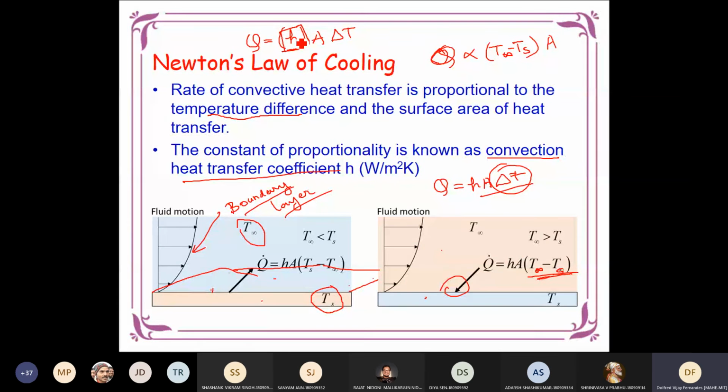That's all, it's done. But h is not related only to the fluid, not related only to the surface. I mean, not completely. It's partially related to everything. And till now, we don't have any mathematical way to estimate that. So only empirical correlations. Do you understand the meaning of empirical correlation?